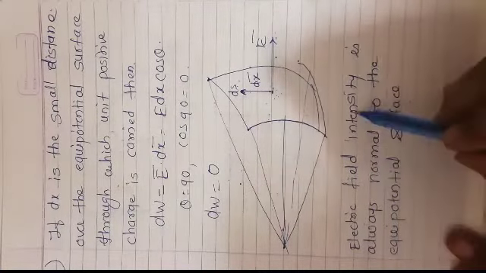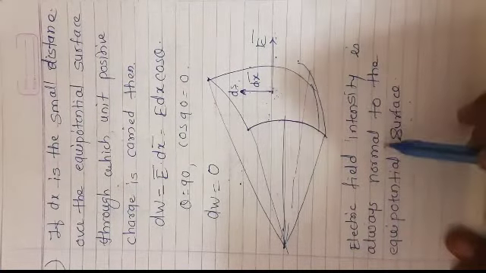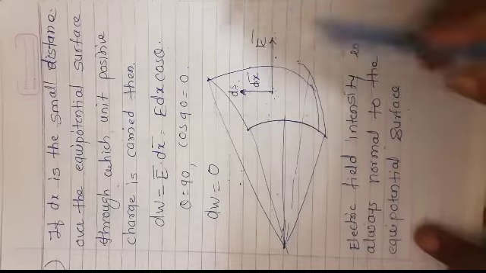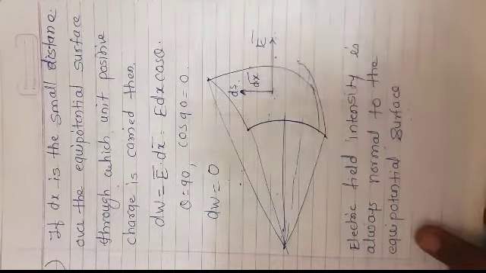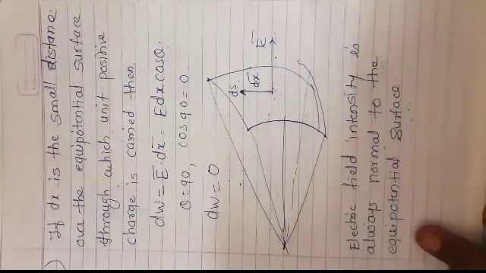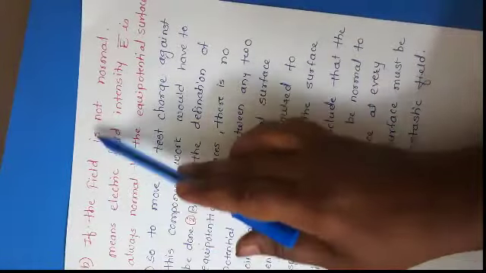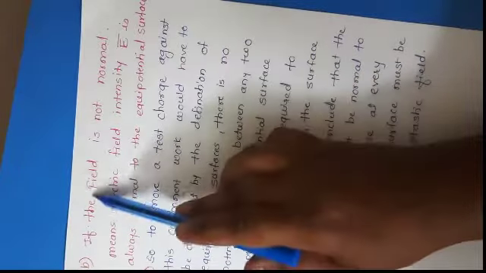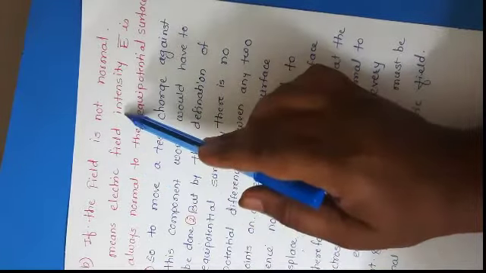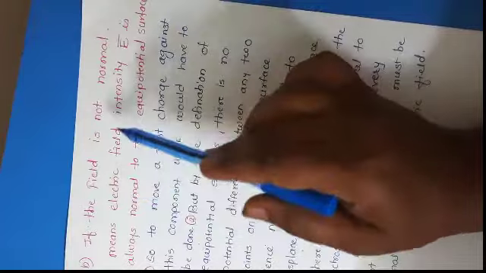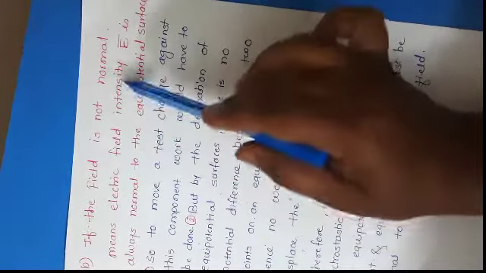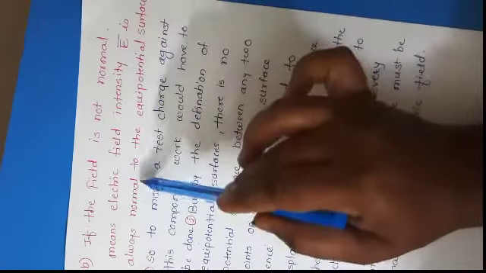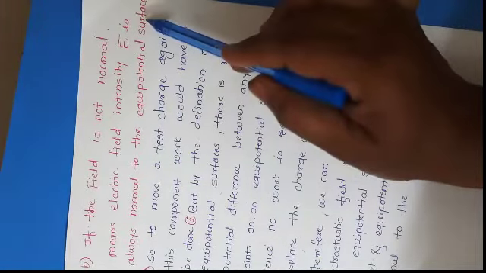Means the electric field intensity E bar is always normal to the equipotential surface.